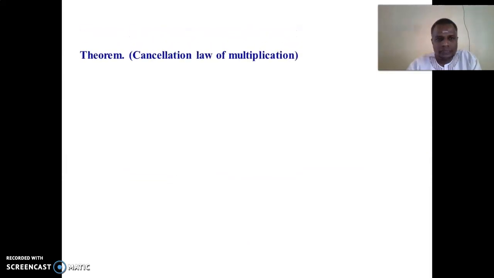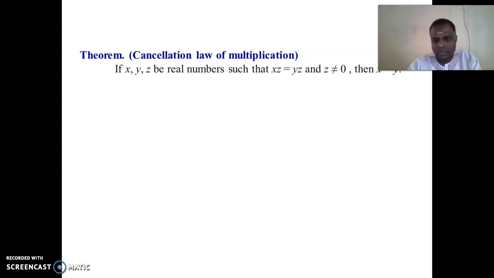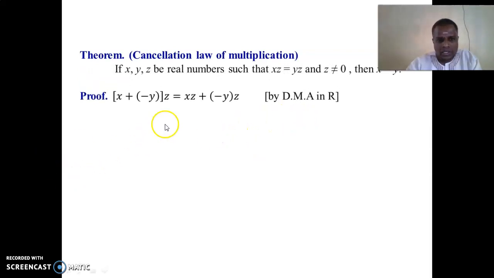Next, cancellation of multiplication. If x, y, z are real numbers such that xz equals yz and z is not equal to 0, then x equals y. We take the equality x plus minus y, times z, equals xz plus minus yz, with the property of distributivity of multiplication over addition.